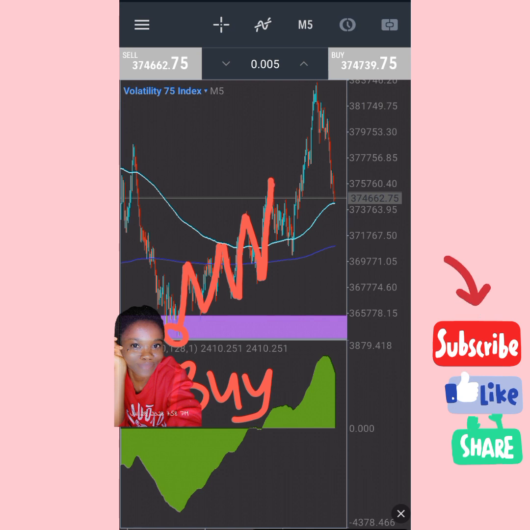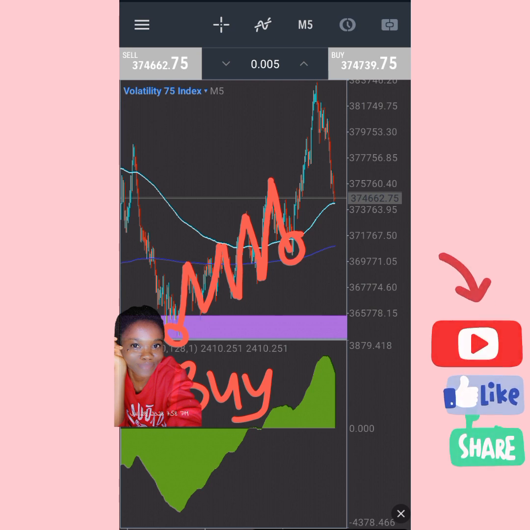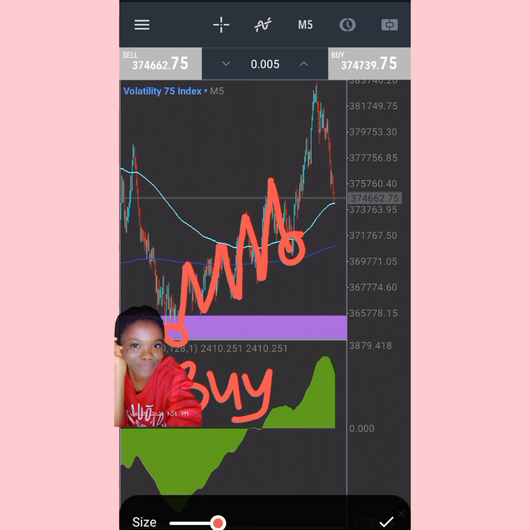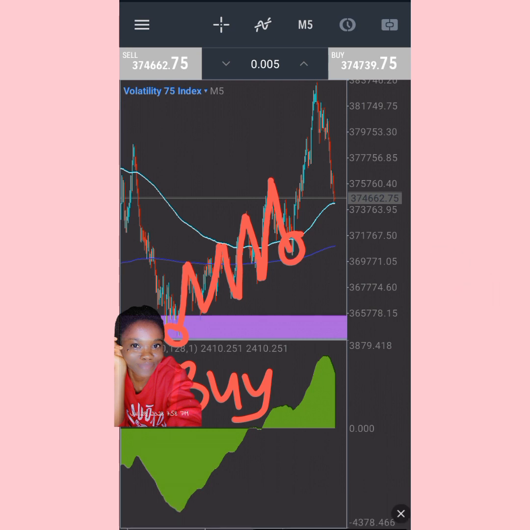Price has to come back and retest that 200 moving average, and when price comes back to retest the 200 moving average, the next thing you are looking out for is a cross on the MACD right here, to confirm that this market is still on a buy trend.